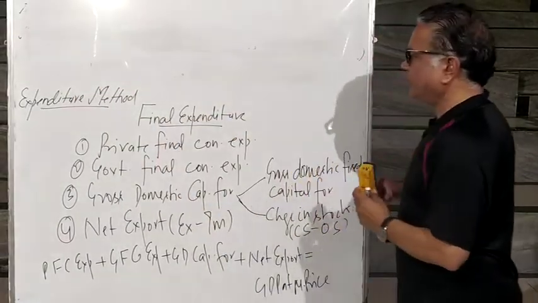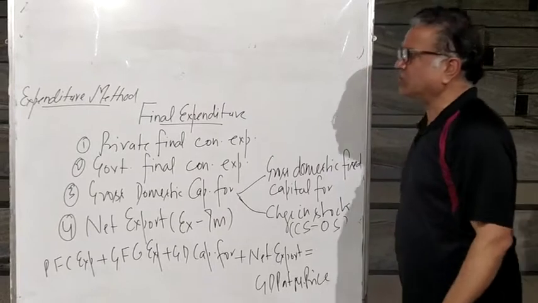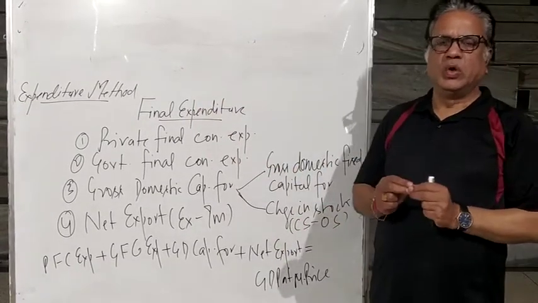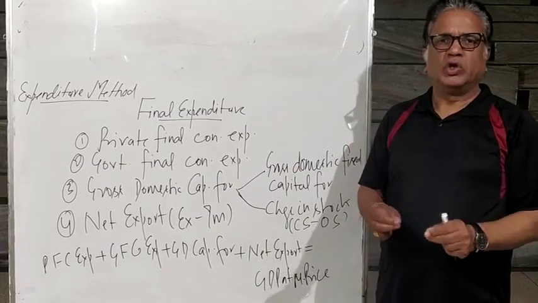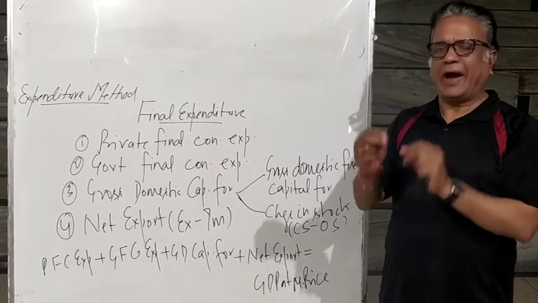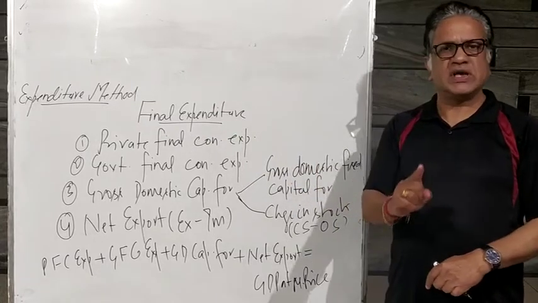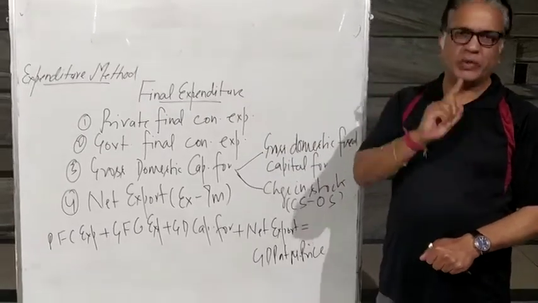Now today I am moving to the next method, that is called expenditure method. In this method, what we do, we calculate total expenditure on final goods and services. Why we are taking final goods and services? Again, to avoid double counting problem.